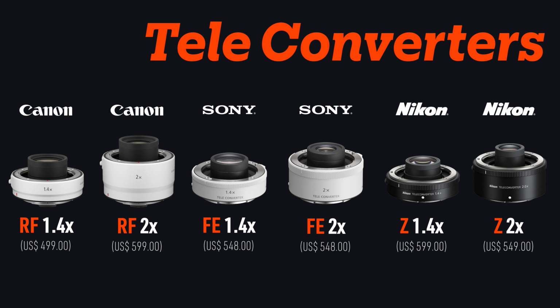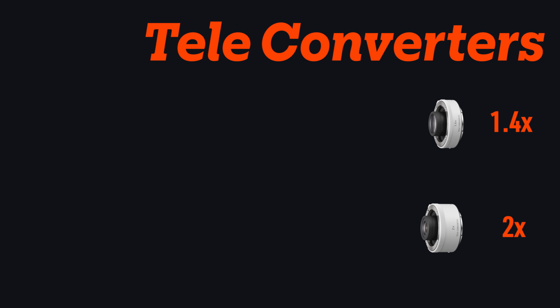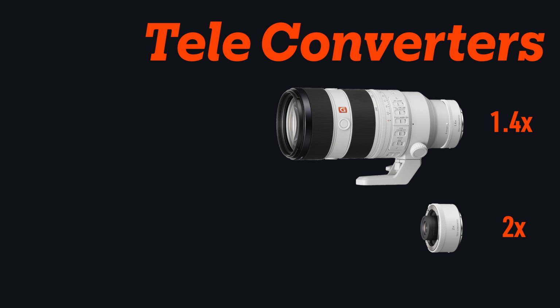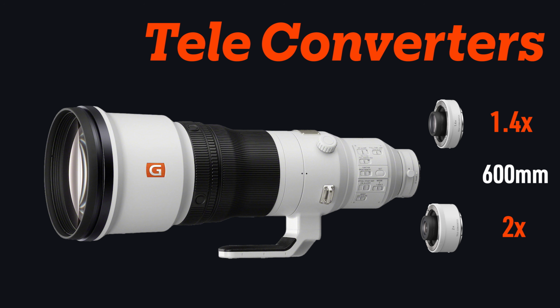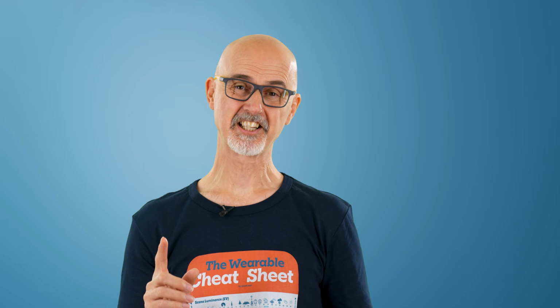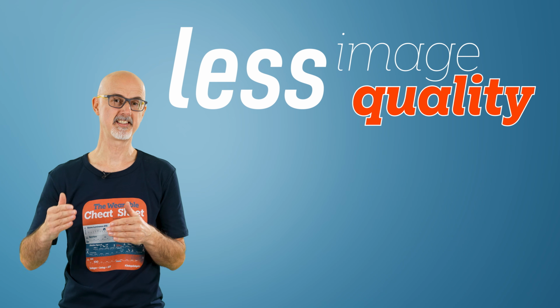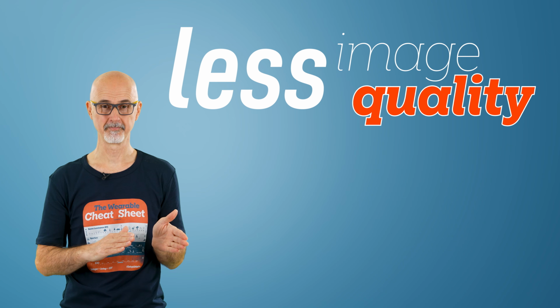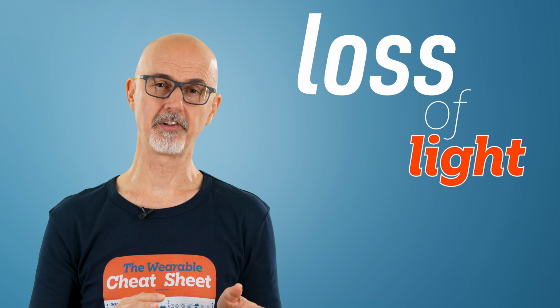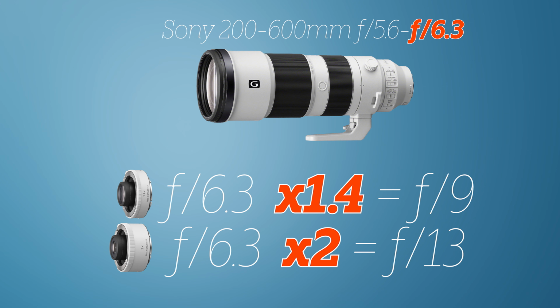One would be using a teleconverter. They are available as 1.4x and 2x converters and would multiply the focal length of the lens you used by 1.4x or 2x. So a 600mm lens would become an 840mm lens or even a 1200mm lens. That comes with a downside though. Not only does the image quality suffer more or less depending on the quality of the teleconverter, equally problematic can be the loss of light because you also have to multiply the aperture number by 1.4 or 2x.